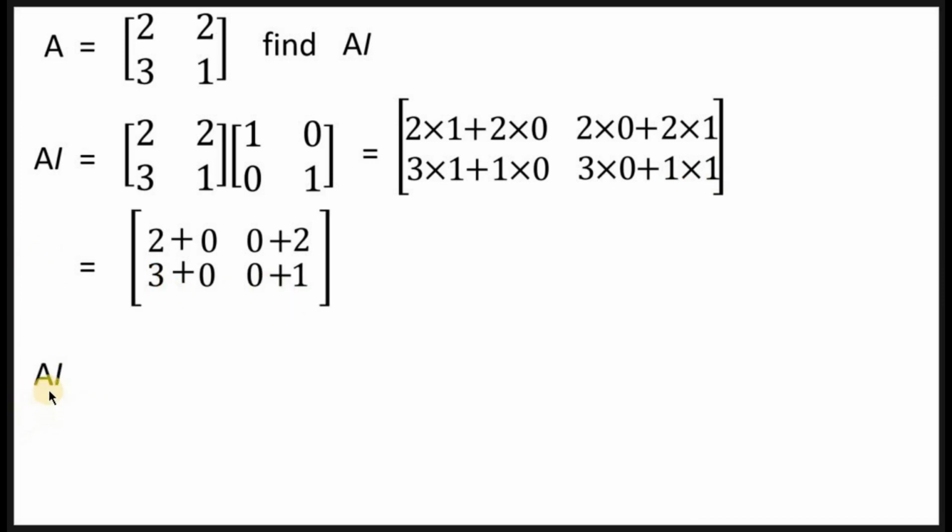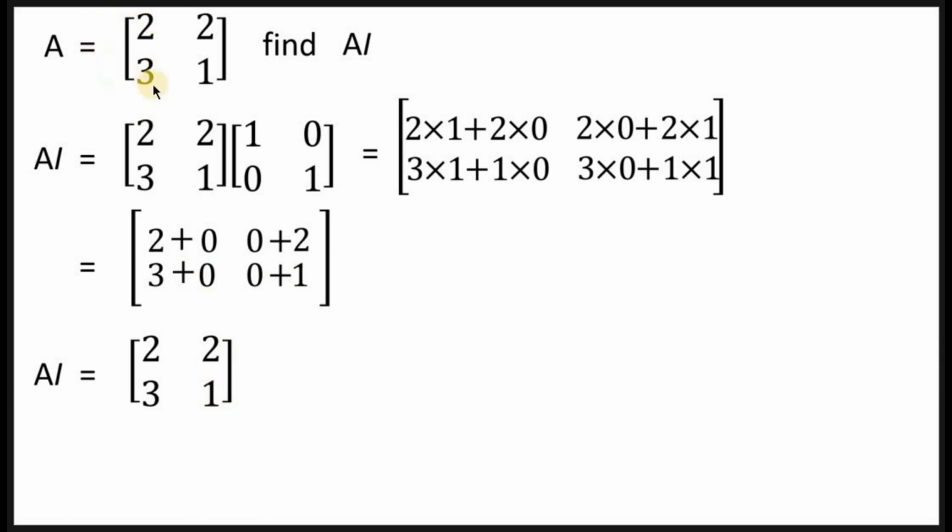You say, okay, so AI, which is matrix A times identity, it will give us this plus this 0. So this will be actually the final answer, meaning 2 plus 0, 2, 0 plus 2, 2, 3 plus 0, 3, 1 plus 0 plus 1, 1. So you have seen that we have come up with the same matrix.